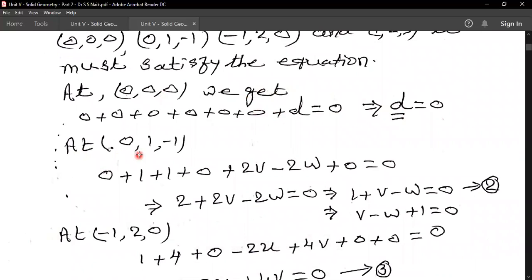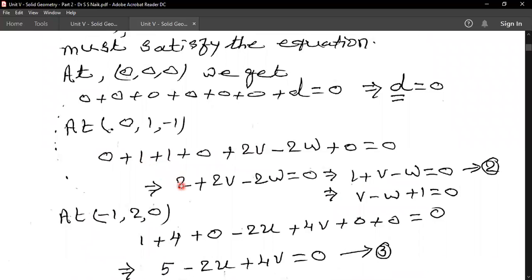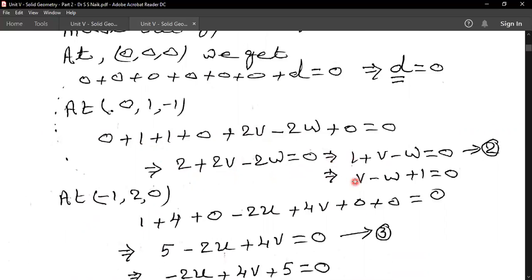At 0, 1, minus 1, that is x is equal to 0, y is equal to 1, and z is equal to minus 1. The equation becomes 1 plus 1 plus 2v minus 2w is equal to 0. That implies 1 plus 1 is equal to 2 plus 2v minus 2w is equal to 0. That implies, because d is already equal to 0, therefore this part is equal to 0.